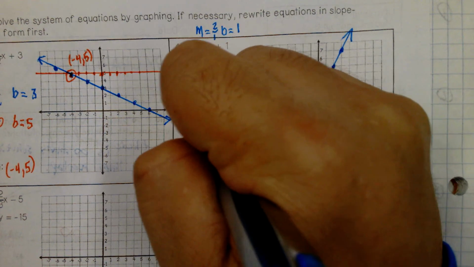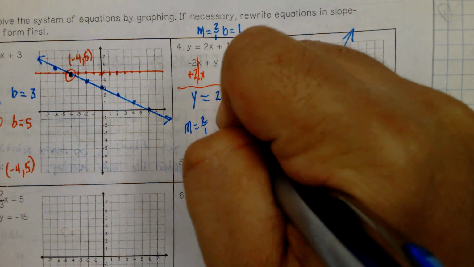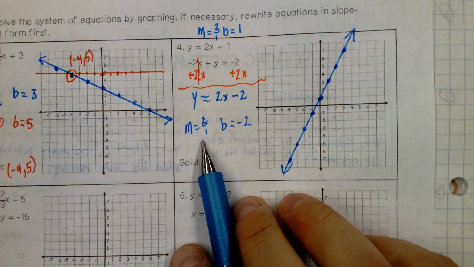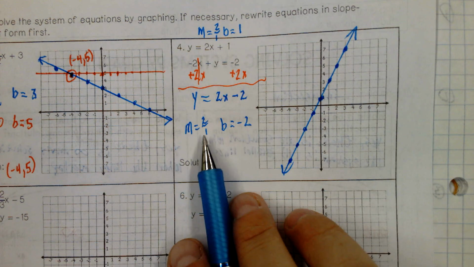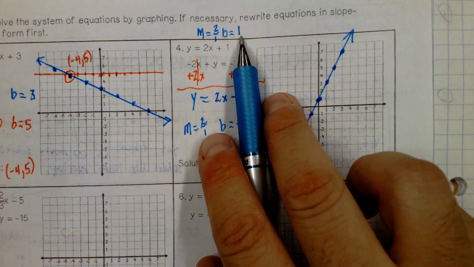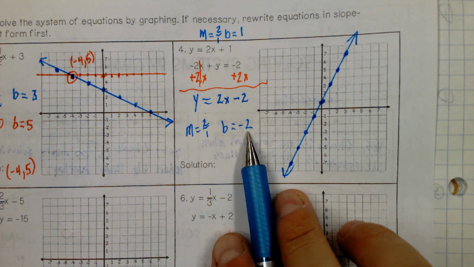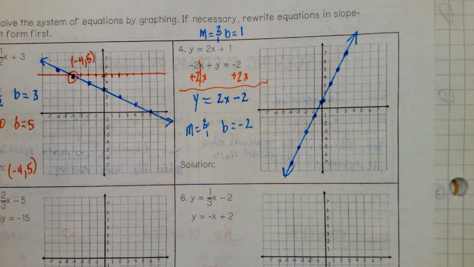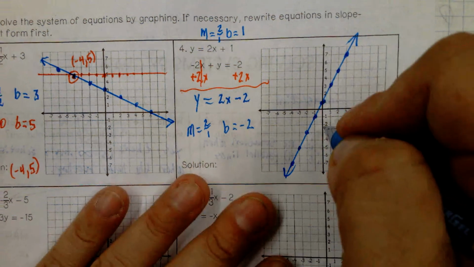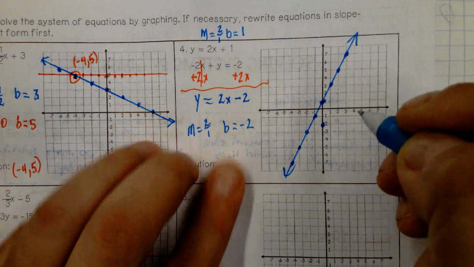Slope is 2 over 1. Y-intercept is negative 2. What do you notice about the slope here and the slope there? They're the same. What do you notice about the y-intercepts? Yeah. So this is going to be something a little different. Let's graph it. Negative 2. There's my point.